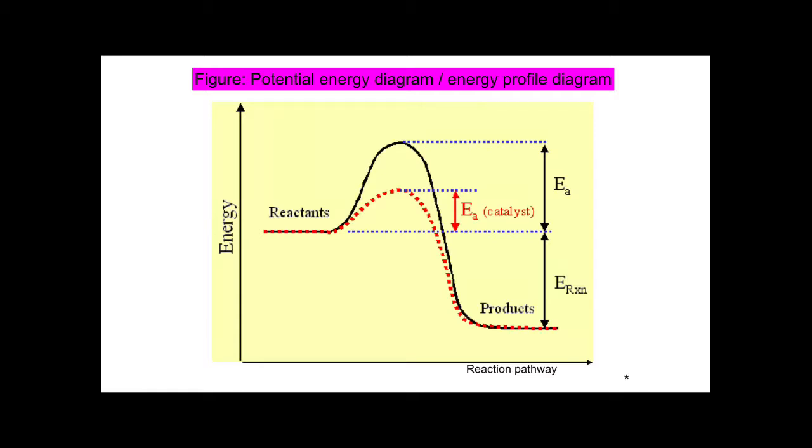If there is no catalyst, the reaction will take a longer pathway and the activation energy is higher. This is how you draw an energy profile diagram to compare the reaction with catalyst and without catalyst.